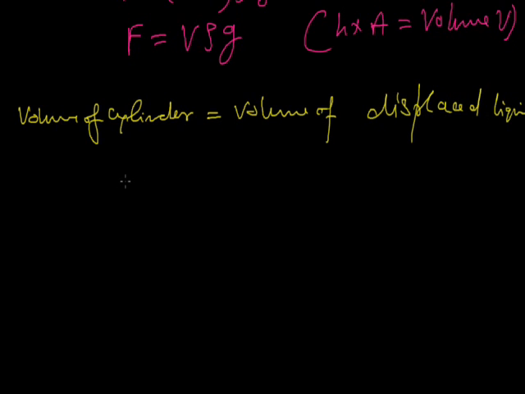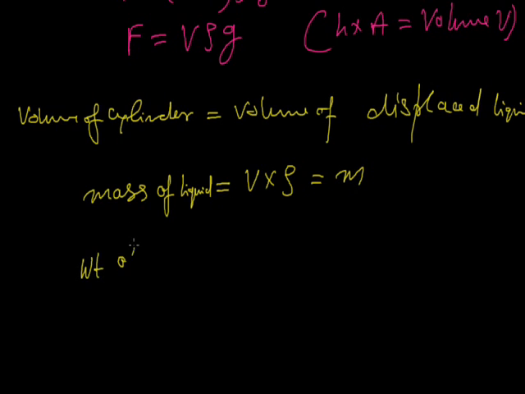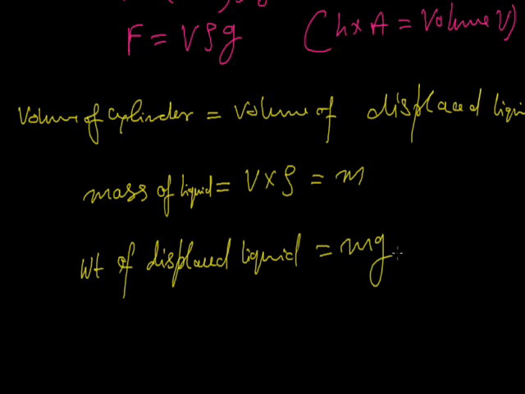So the mass of the displaced liquid equals volume into density, that is m, and the weight of the displaced liquid is m g, which equals V rho g.